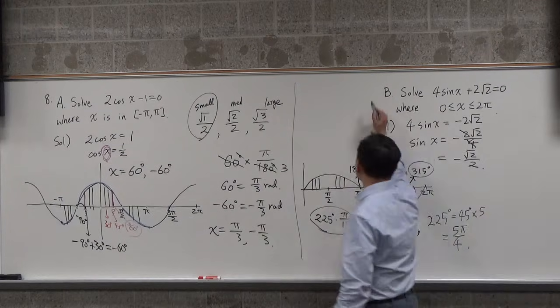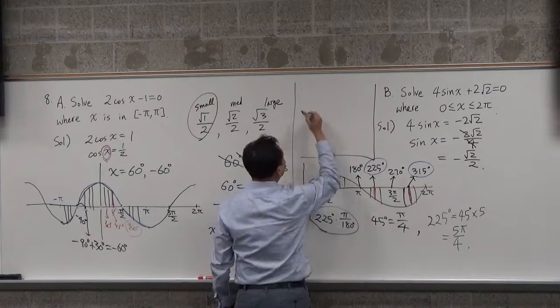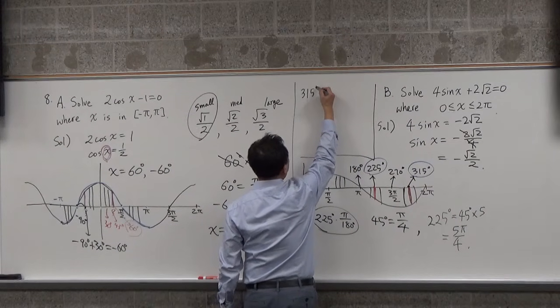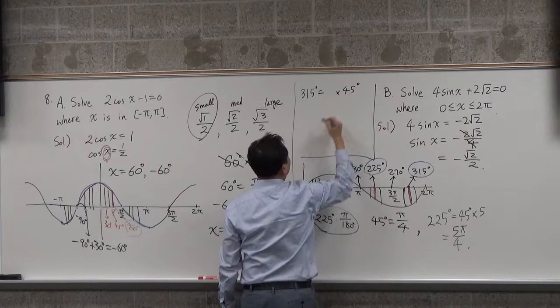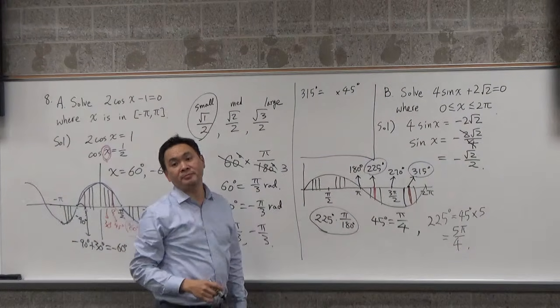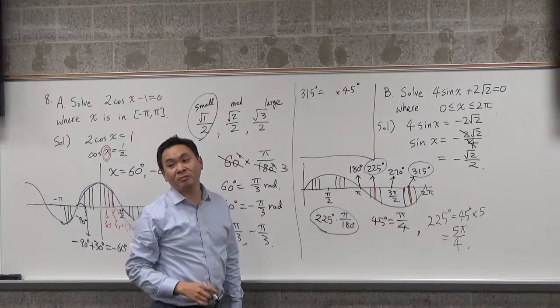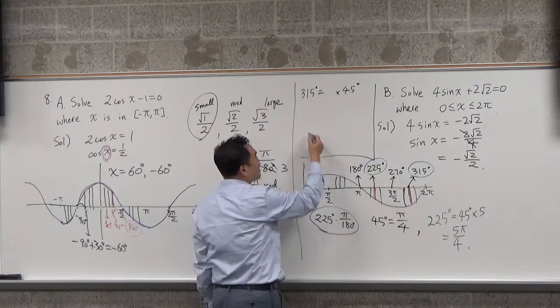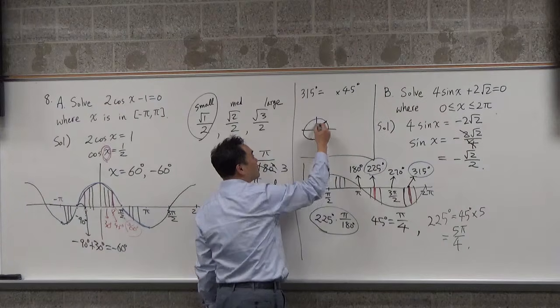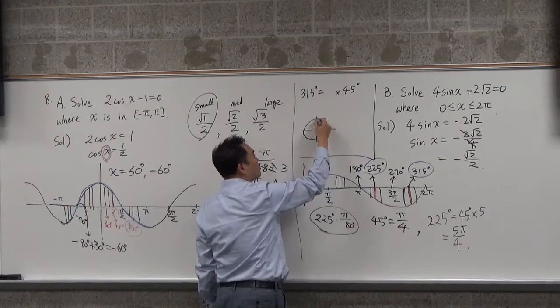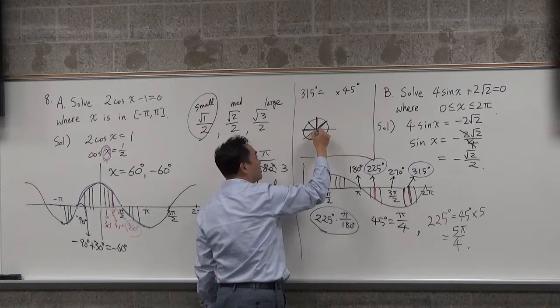I don't have any room, so let me write over here. 315 degrees would be what times 45 degrees? 7 of them, okay? You can even picture it too. If you have this circle, here's 45, then just count how many: 1, 2, 3, 4, 5, 6, 7.